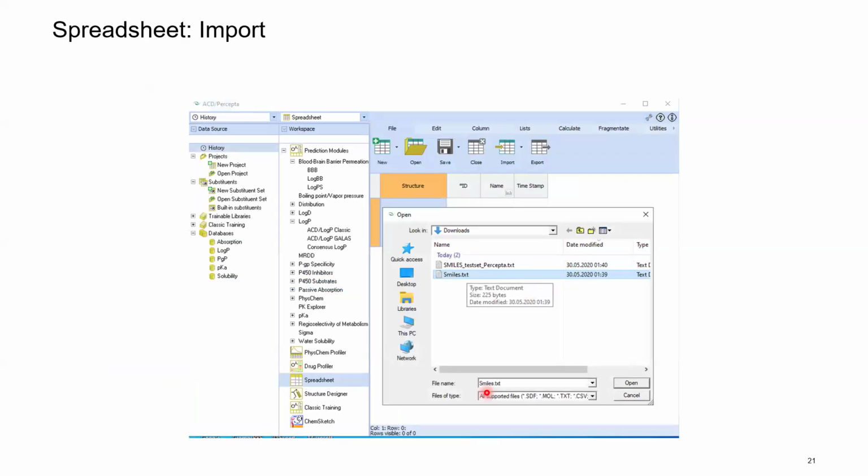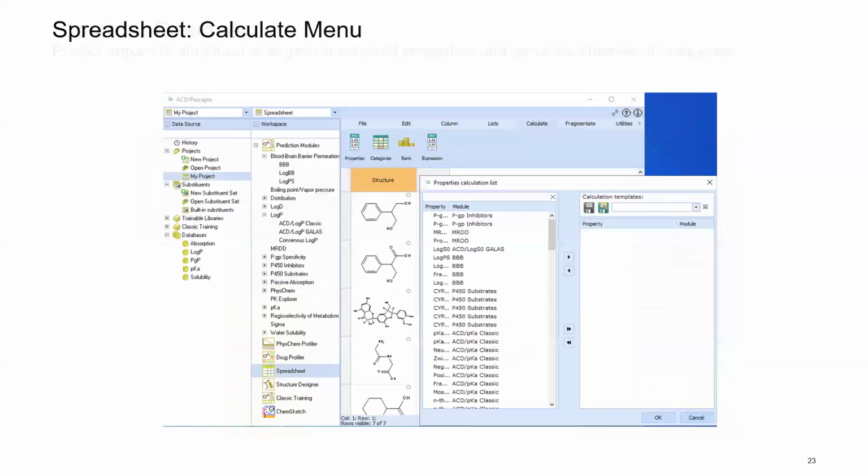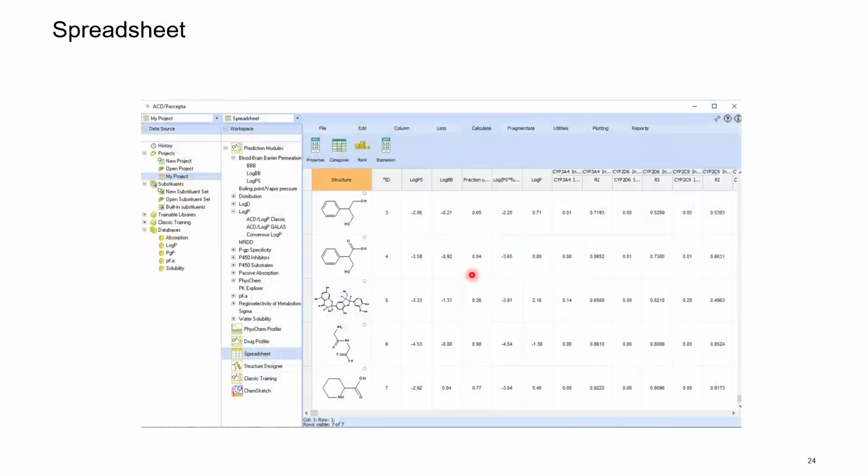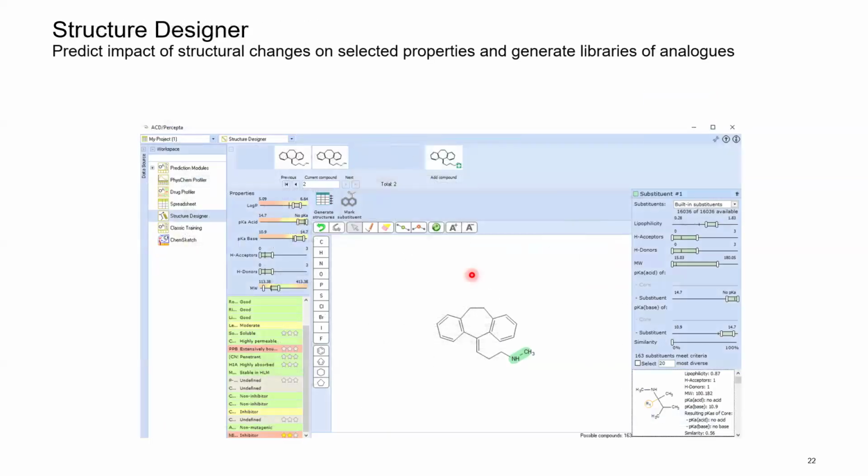Now, if you would like to have your own IDs and own drugs, you can import a whole list of molecules, calculate the properties, and it gives you a table. And let's go back. With this imported structure, you can also make changes to the structure, either with your own molecule or starting with this nortriptyline, and see how the parameters evolve.